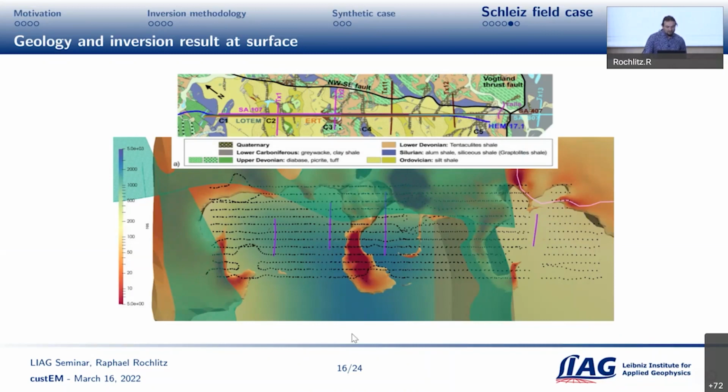So we have this darker anticline striking in this direction, and we have the northwest-southeast striking fault here. And in the southern part, we have Ordovician rocks, and on the left, and in the north, we have Devonian and Silurian rocks.